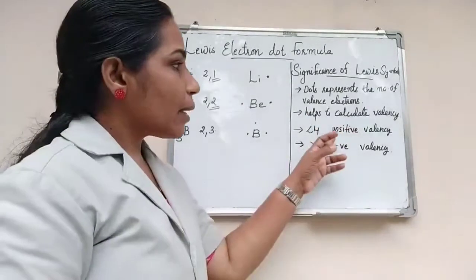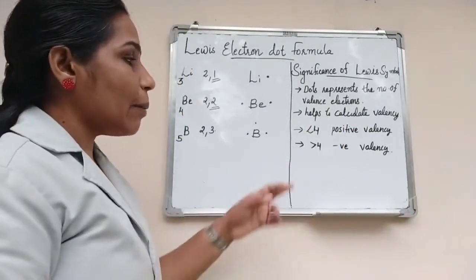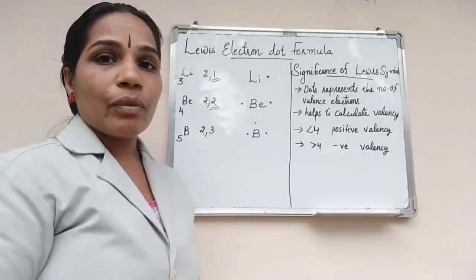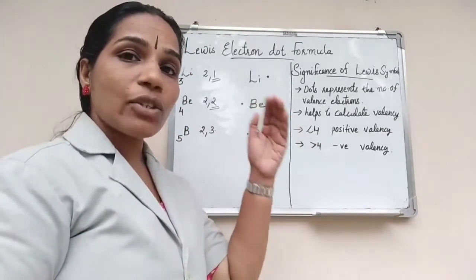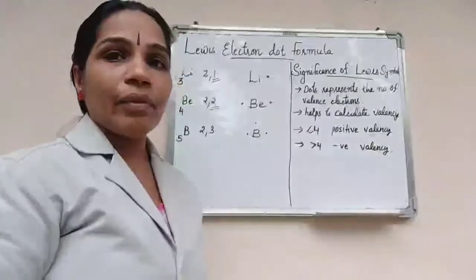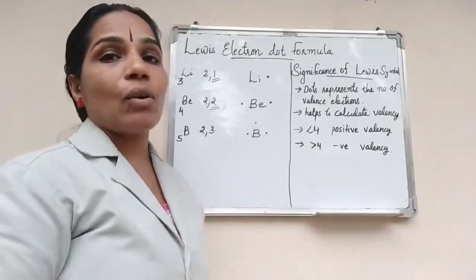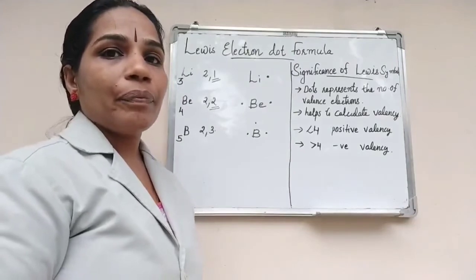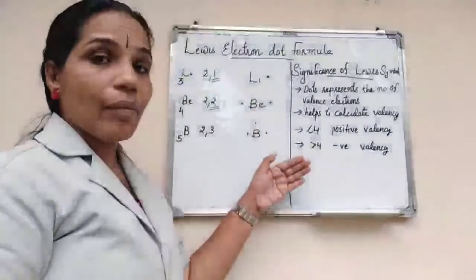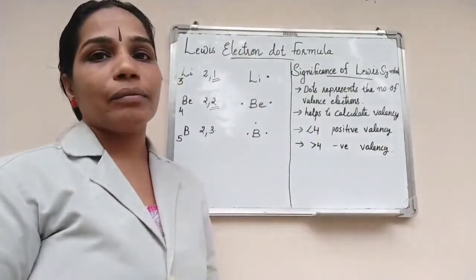When the element has more than 4 electrons in the valence shell, that element has a negative valency, which means that atom gains electrons. Thus we can calculate the valency of an atom from its Lewis electron dot formula.